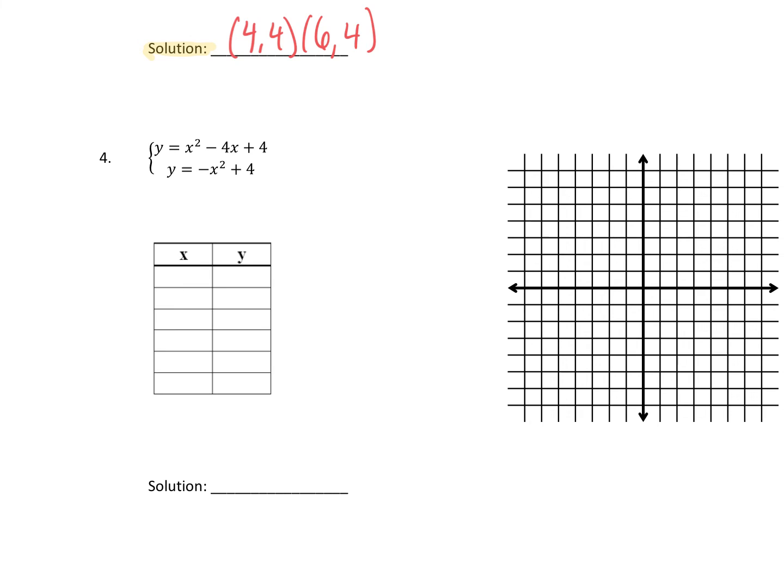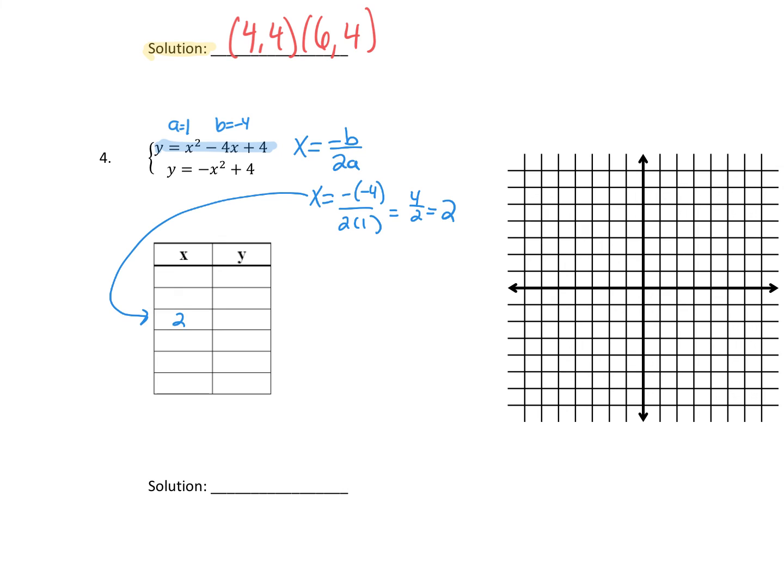All right, in number 4, we actually have two parabolas. So this first parabola is in standard form, and so I am going to do opposite b over 2a. So a is 1 and b is -4. So we're going to have 4 over 2 times 1, which is going to give me 2, and that's going to go in the middle of my table again.